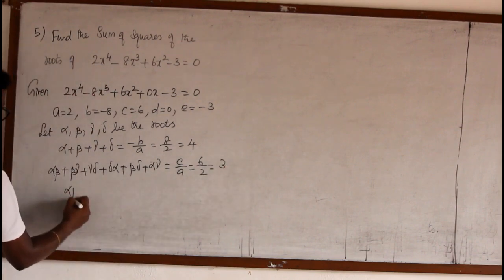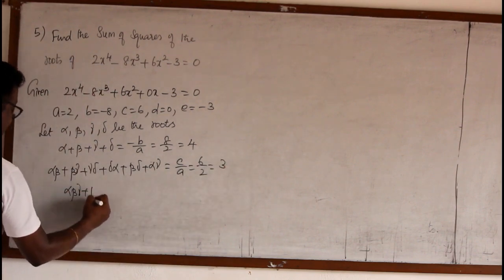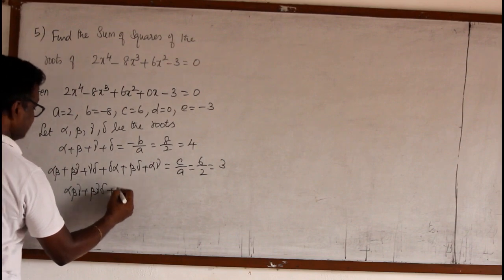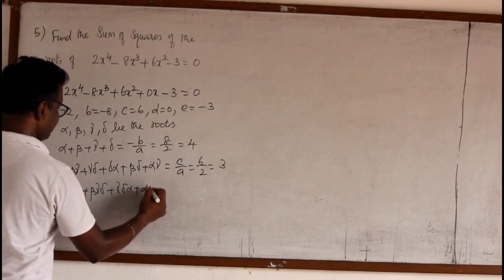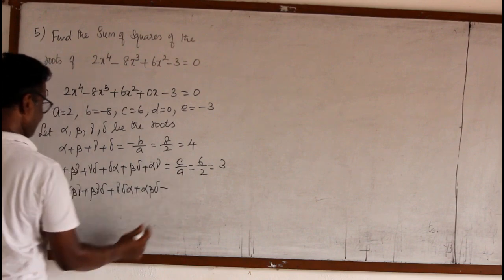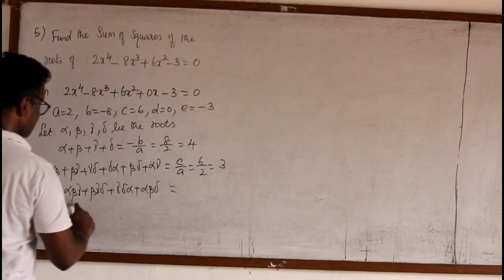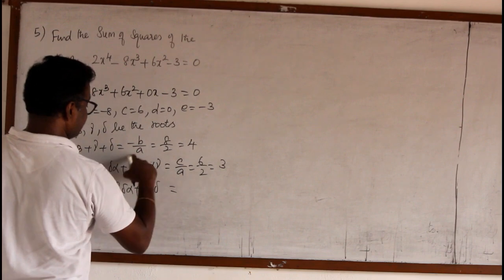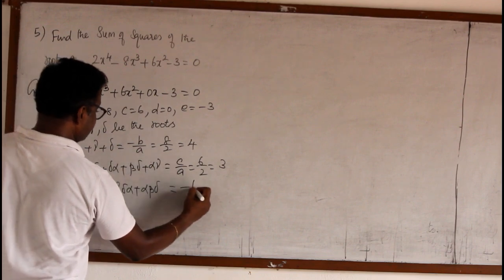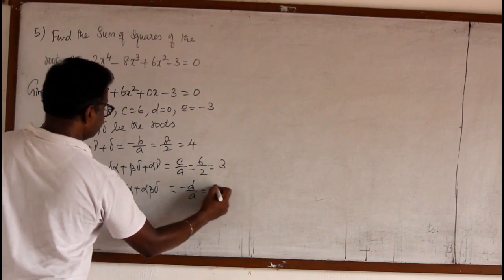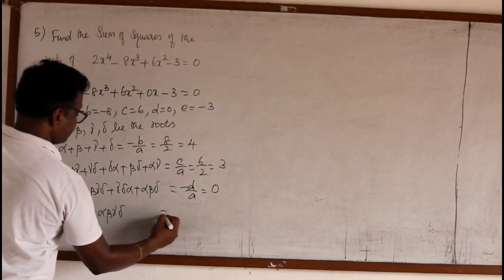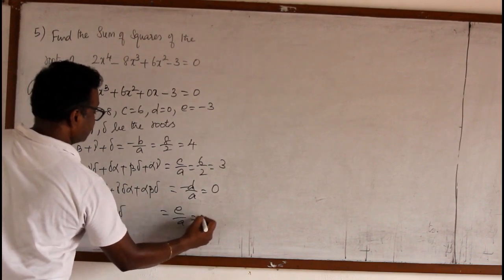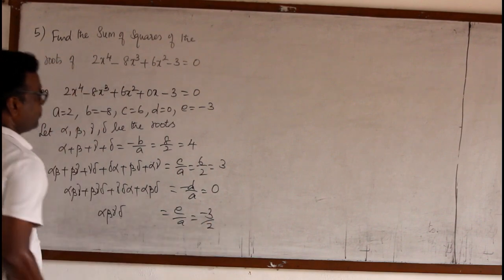Then sum of products of 3 roots is minus d by a, which is 0. Then alpha beta gamma delta is plus e by a, that is minus 3 by 2.